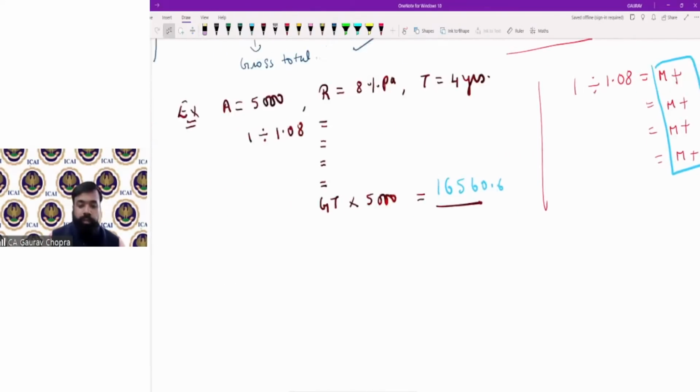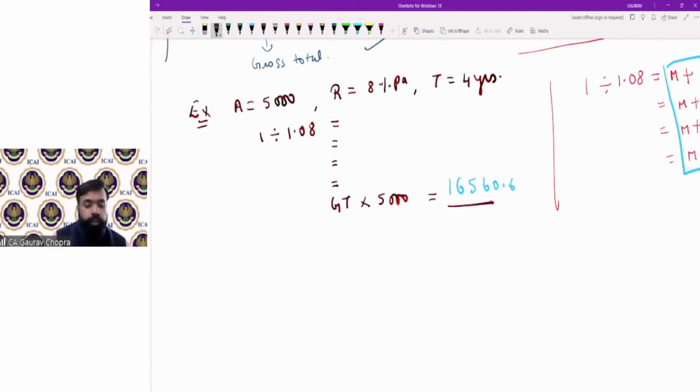So let's try one more. Annuity is this time 20,000. Rate is 12% per annum. Time is 5 years. Now you have to find out the present value.